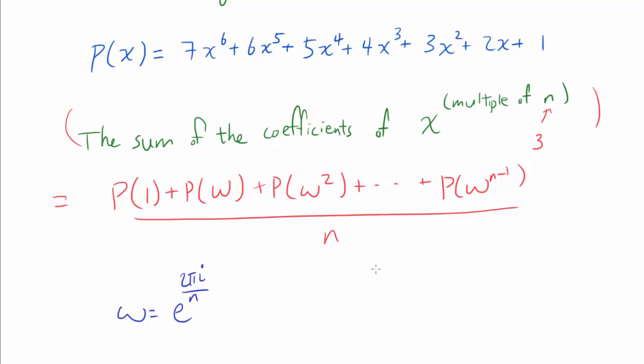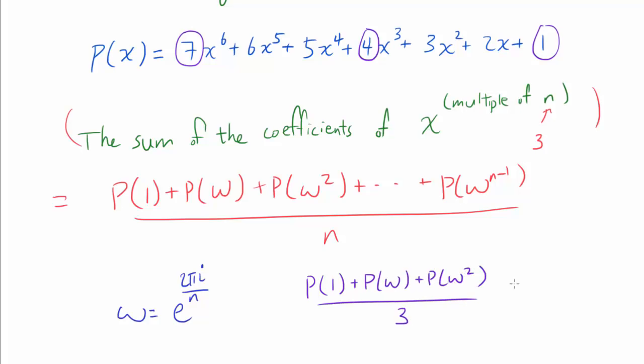So what roots of unity filter is telling us is that we can find the sum of the coefficients of the terms whose exponent of x is a multiple of 3 by doing p of 1 plus p of omega plus p of omega squared, all divided by 3, where omega is a cube root of unity, which is easy to find. So this is going to be 7 plus 4 plus 1.